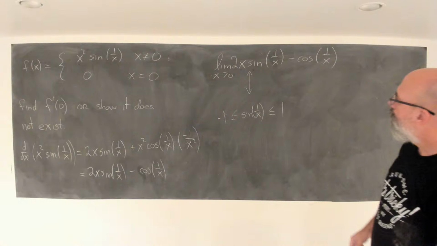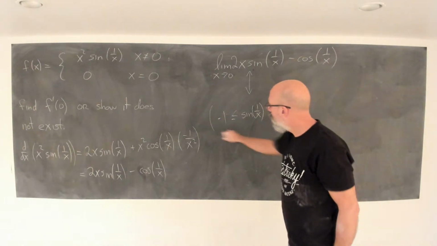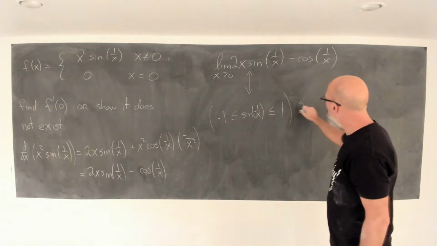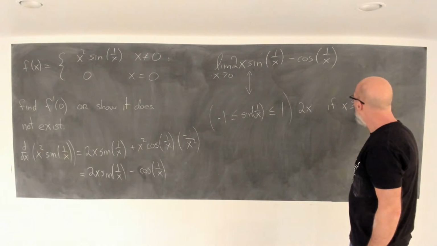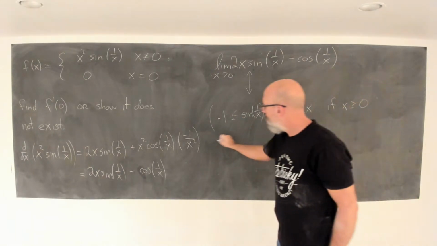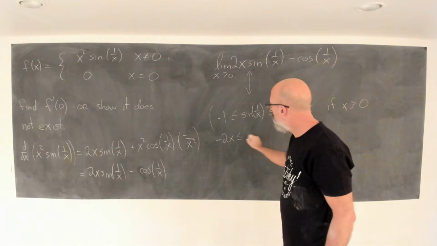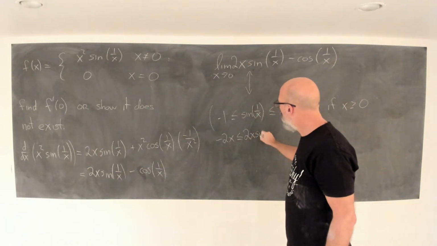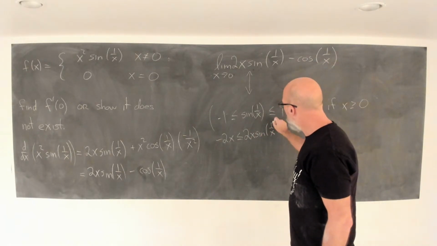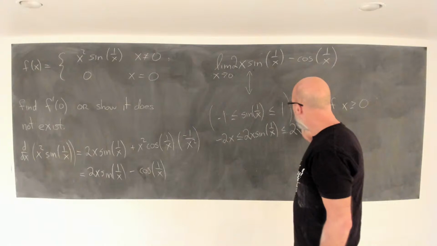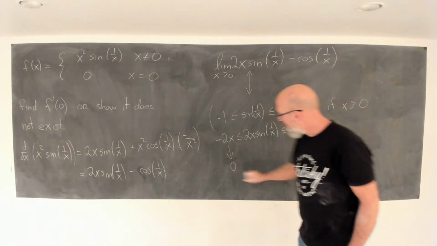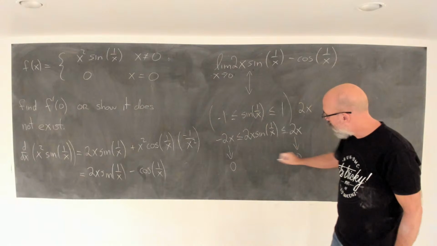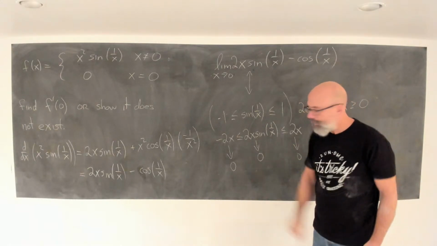So if x is bigger than 0 and you multiply by 2x, then what happens? You get minus 2x. And as x goes to 0, this goes to 0, and that goes to 0, so the stuff in the middle goes to 0 by the squeeze theorem.